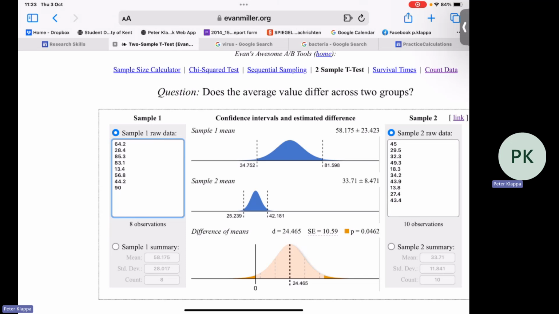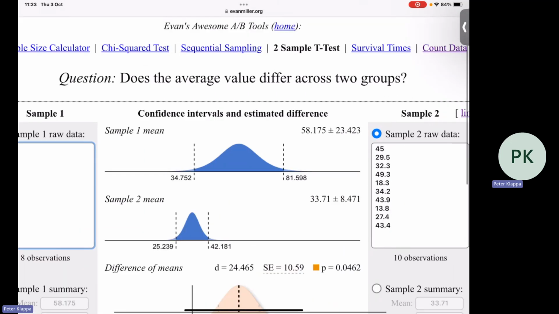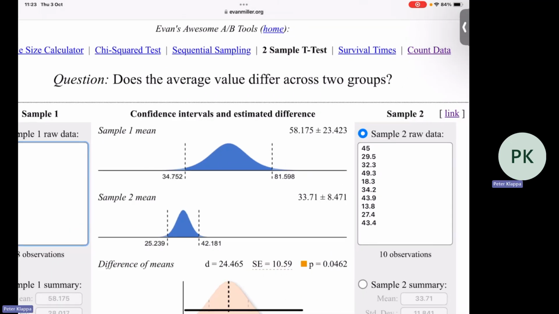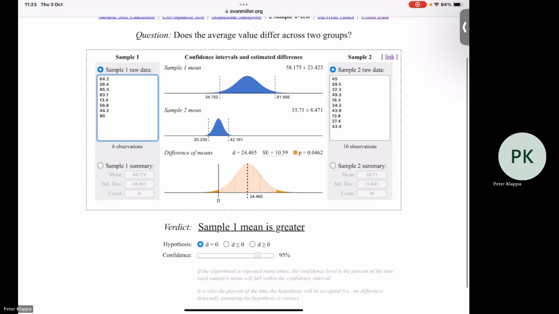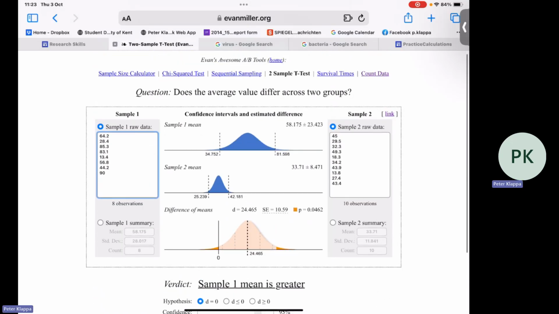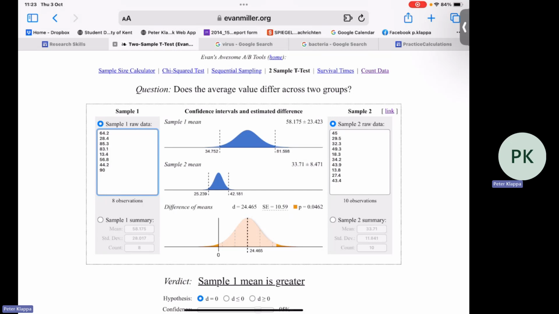And it will, very conveniently, you can immediately see the margin of error, 23.42. It calculates the margin of error for you. And it even calculates the lower and upper bound for the confidence interval.